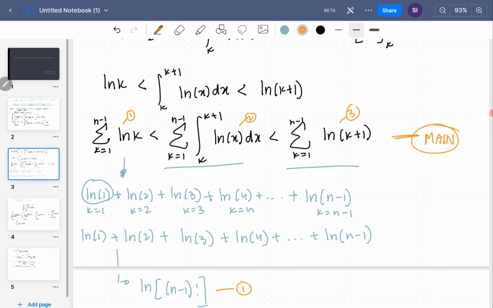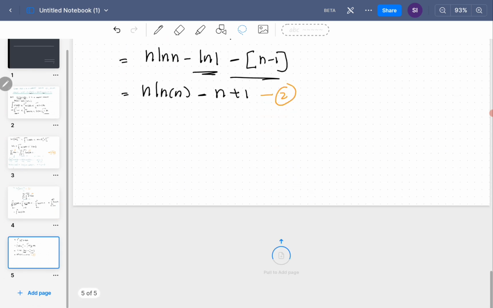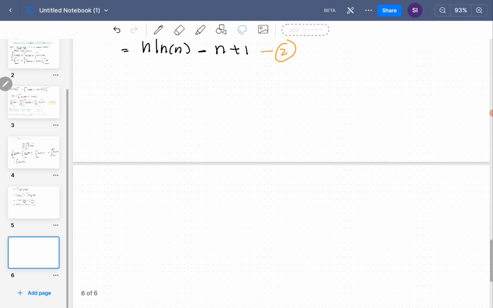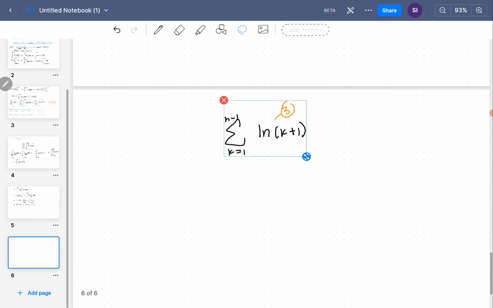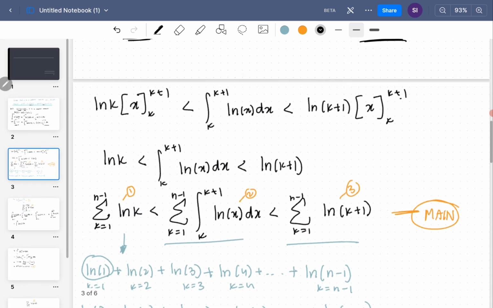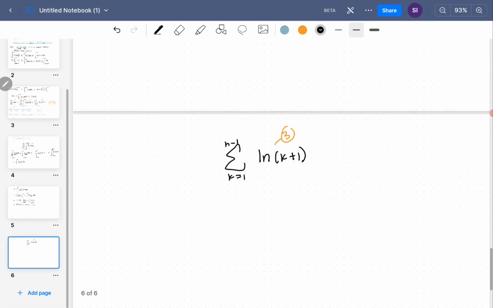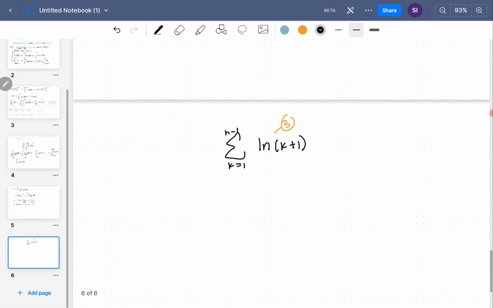And now we have to solve this one. So let me copy this once again so we can solve it. There we go. How do we solve this? Well, it's the same thing that we did up here with the first summation. So once again, we're going to replace k with 1, 2, 3, and then n minus 1.